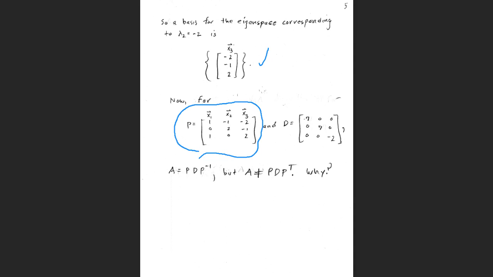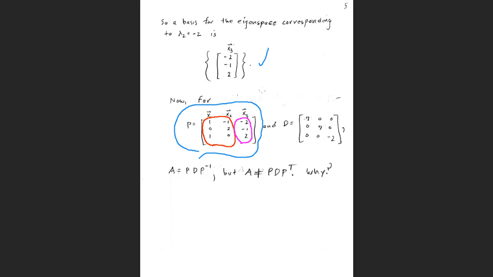Notice that the eigenvectors for the first eigenspace are orthogonal to the eigenvector in the second eigenspace, and we saw the proof of that.